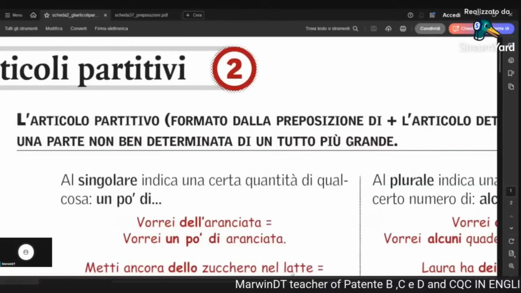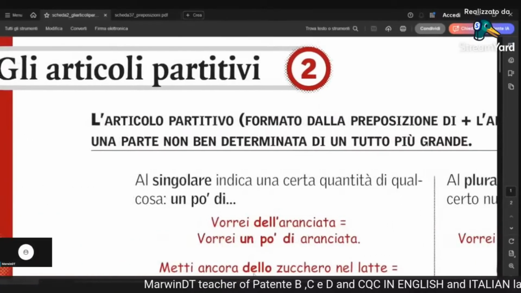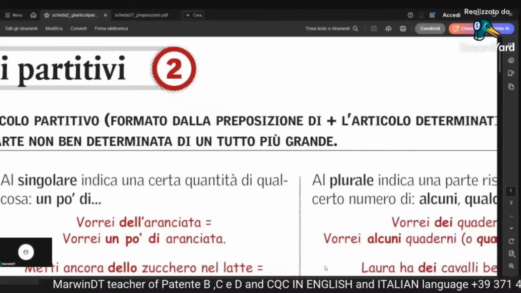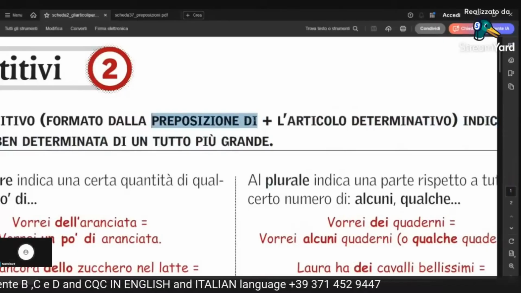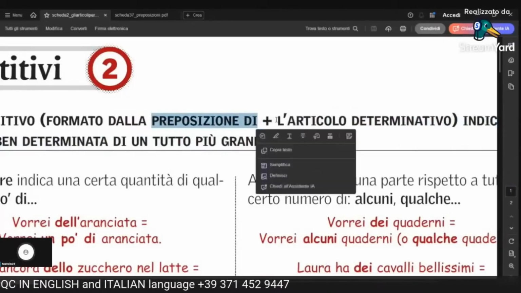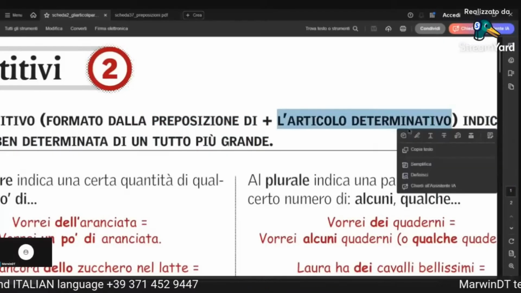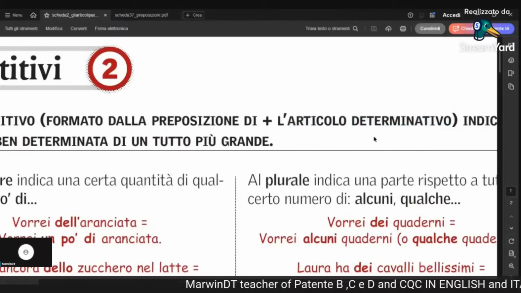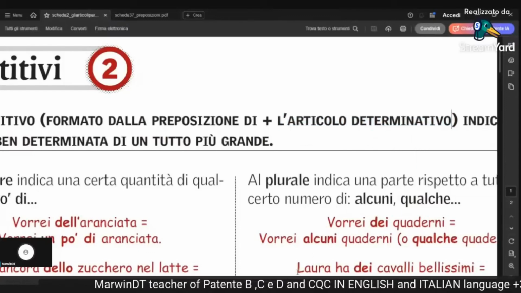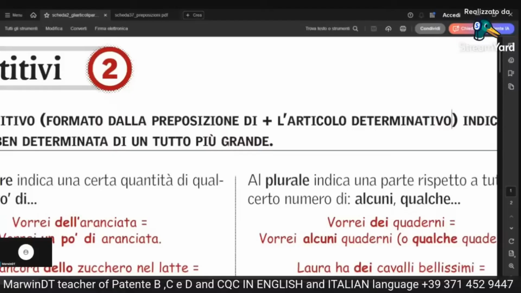So, articoli partitivi is what? Is the addition of preposizione di and the articolo determinativo, which we have seen before, which is the article that specifies a specific thing, determinativo.